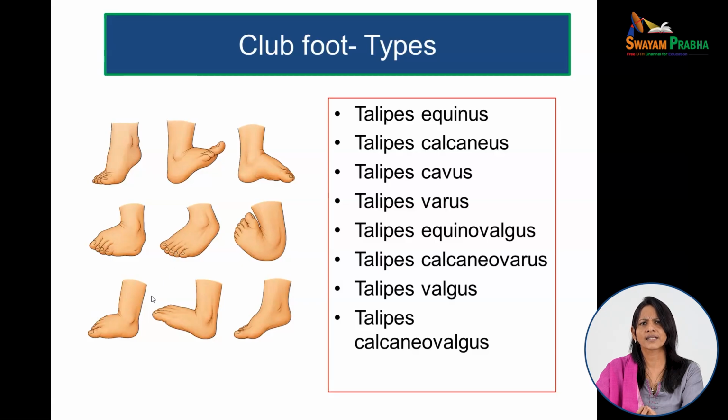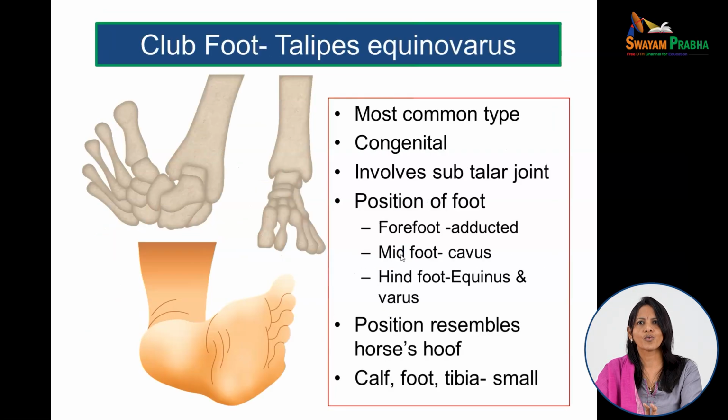This is equinovalgus, this is plain valgus. So what you need to know is that it is the combination of varus, valgus, equinus, calcaneus that gives rise to the various types. And of all these types that are enumerated, the congenital talipes equinovarus is what is most common.